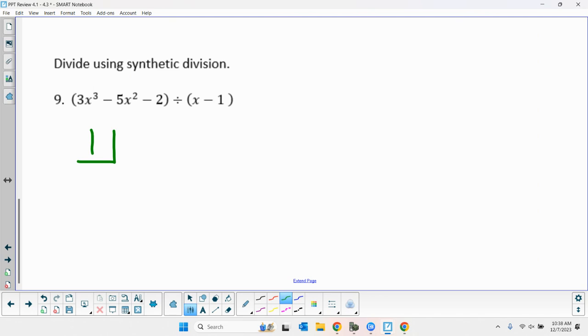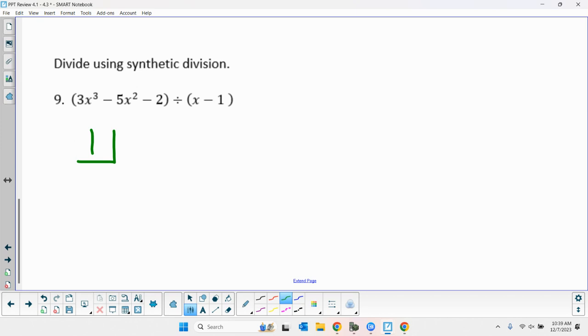If this was x plus 1, we would have used negative 1 in our corner. We all good with that? That's usually a mistake that gets made if we make one on this.